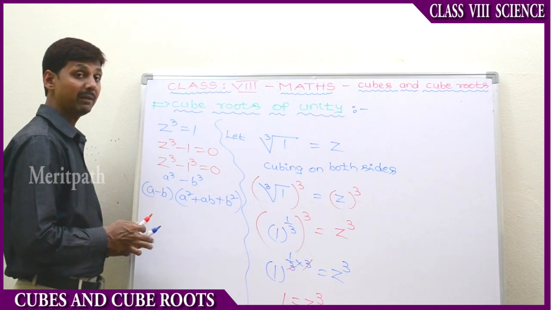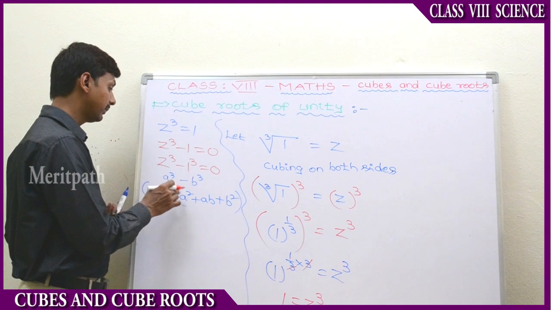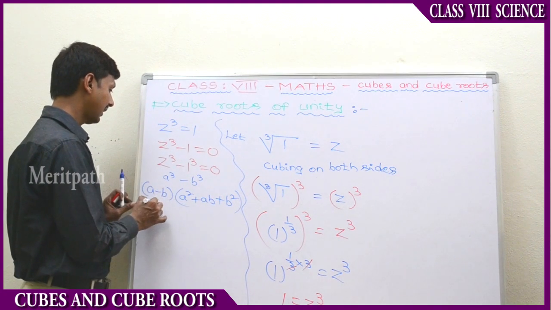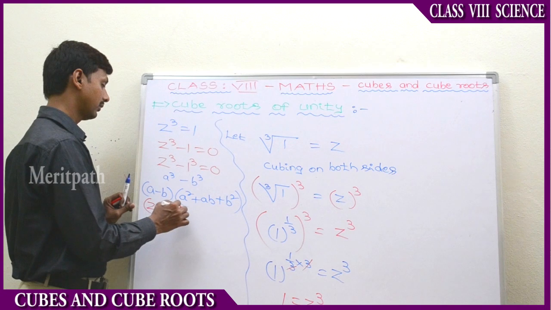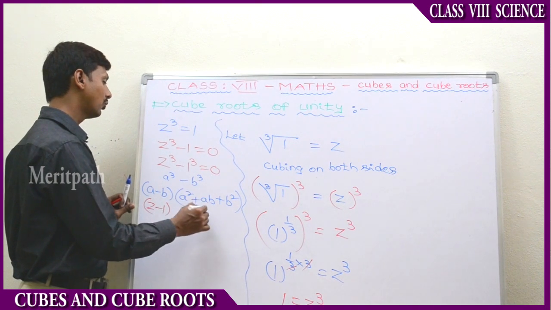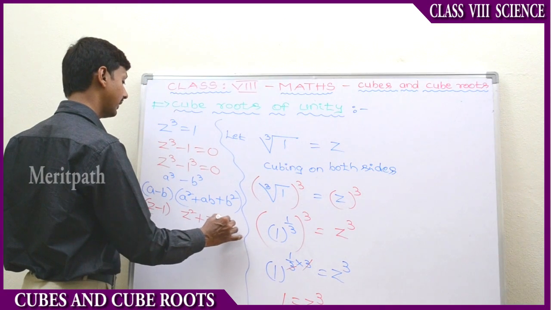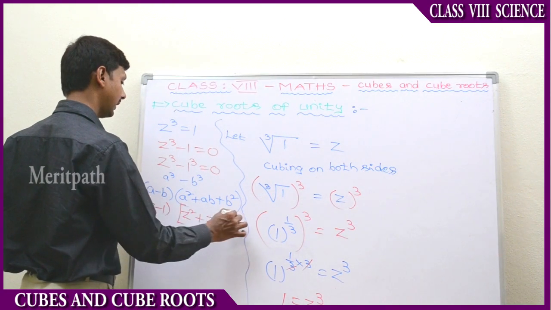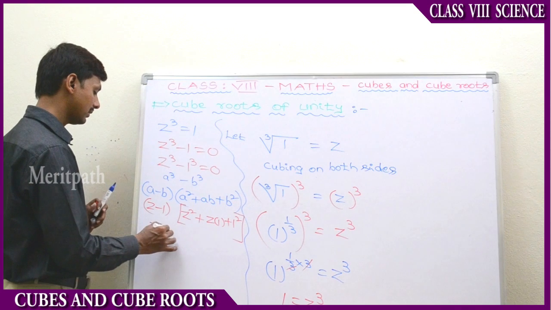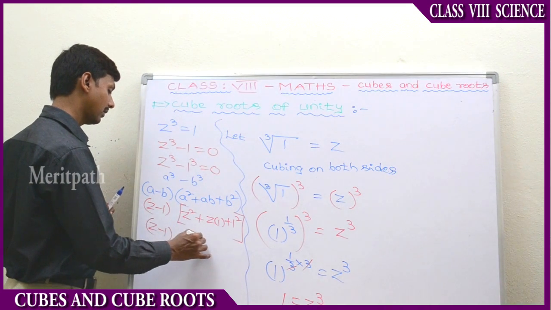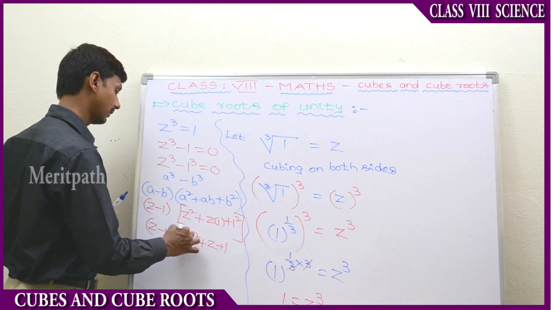So in the place of a we have z, giving z minus 1 into z square plus z into 1 plus 1 square, so z minus 1 into z square plus z plus 1.